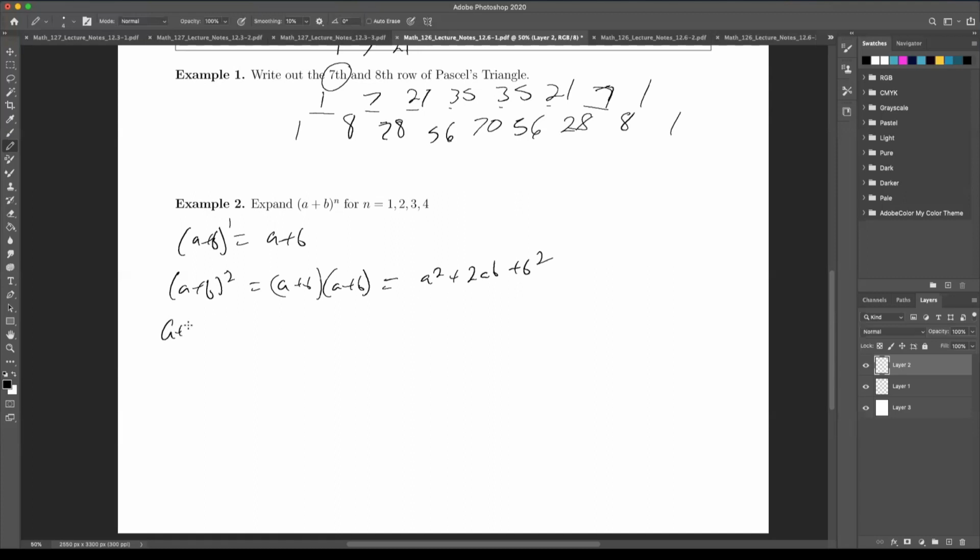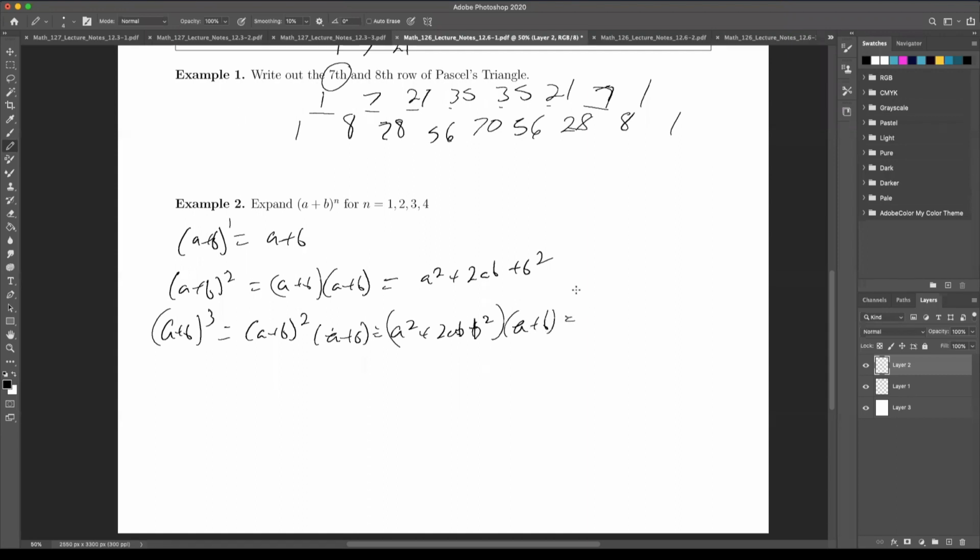All right, a plus b raised to the third power is going to be a plus b squared times a plus b. And the reason I'm writing it this way is because I already know what a plus b squared is. So it'll be a squared plus 2ab plus b squared times a plus b.